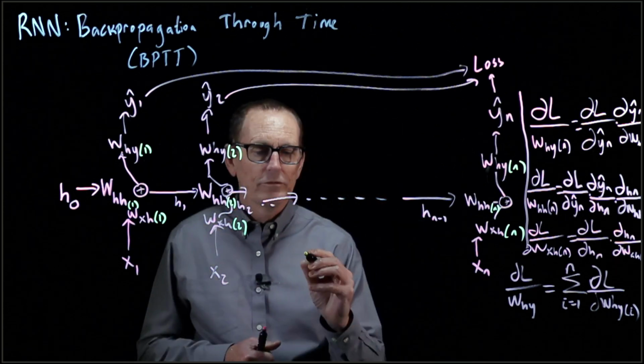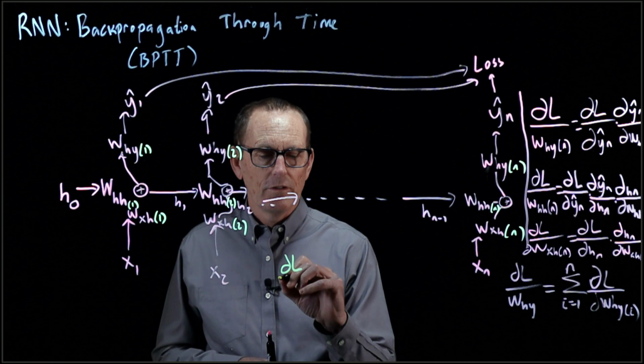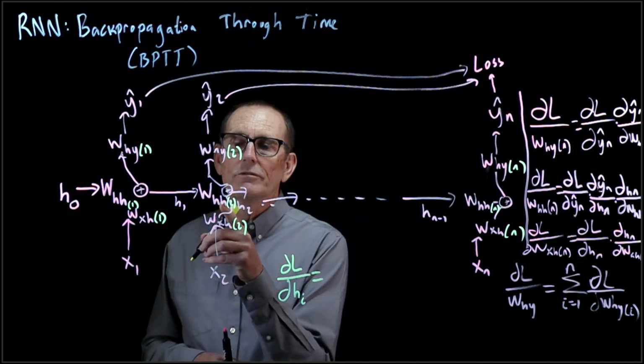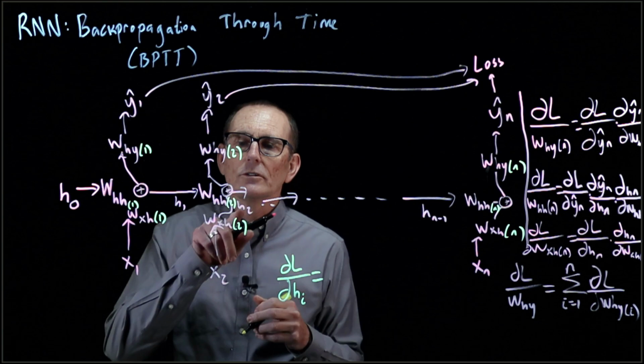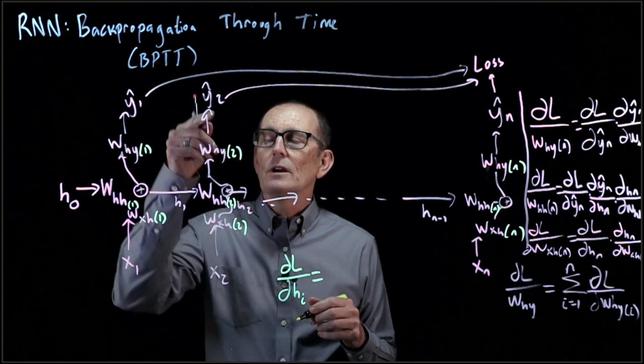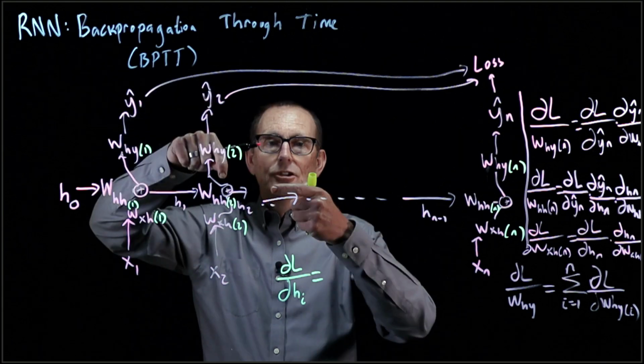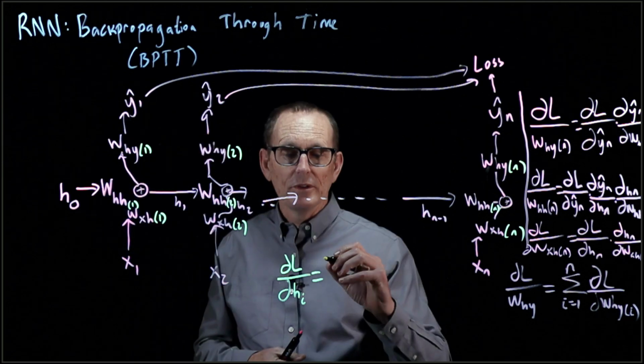So if we are trying to come up with the partial derivative of L with respect to some h sub I, well, what do we know? We know, for instance, here, so if we're trying to compute the partial derivative of L with respect to h sub 2, we know that there are two paths leading into here. Right? There's a path coming down from y hat sub 2, and there's a path coming from h sub 3. So we have both those paths we'll need to add together.